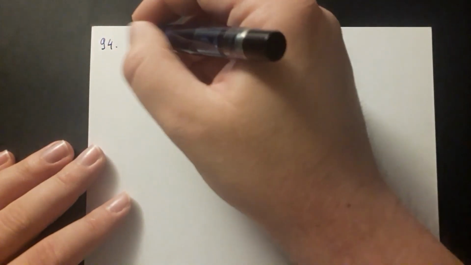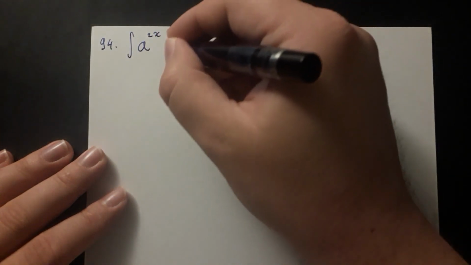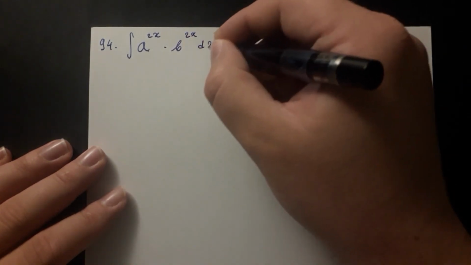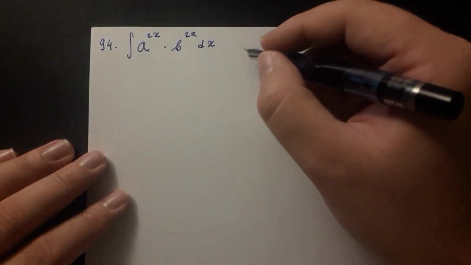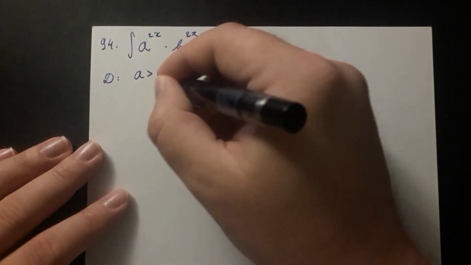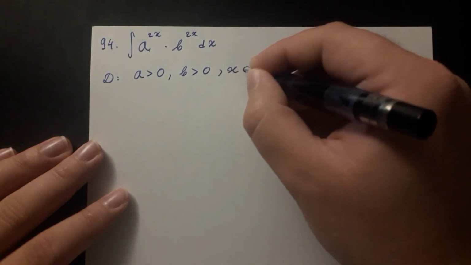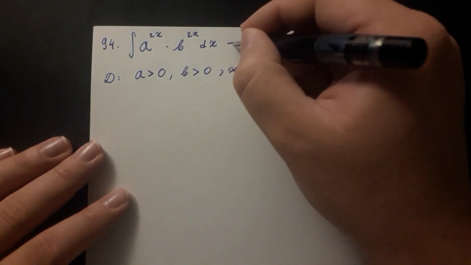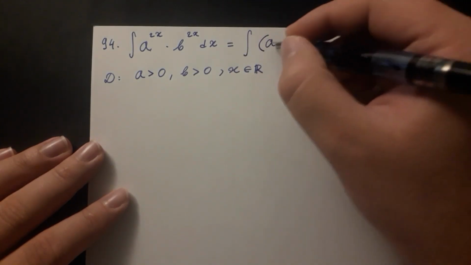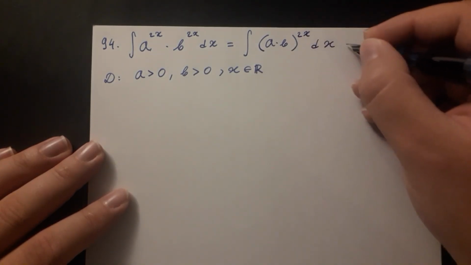Integral number 94 is an integral of a to the power 2x times b to the power 2x dx. Now, area in which this integral is defined is for all a's which are positive numbers, b's which are positive numbers, and x can be any real number. This integral can be written as an integral of a times b, and then the entire product to the power of 2x dx.